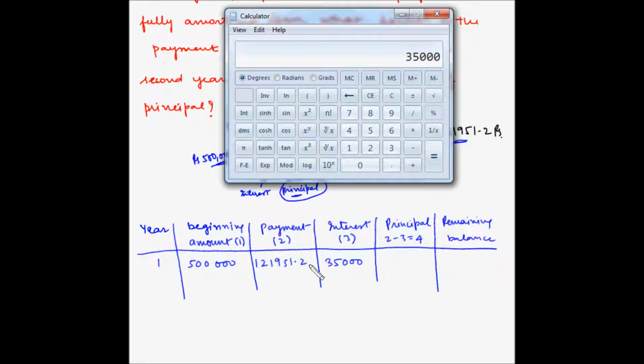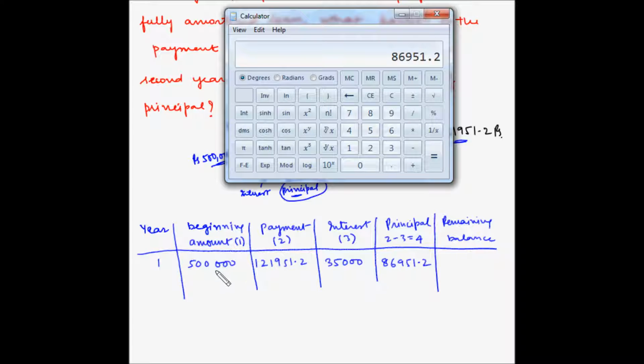Now the remaining is payment towards principal. So we do 121951.2 minus 35,000. So the principal amount is 86951.2 rupees.